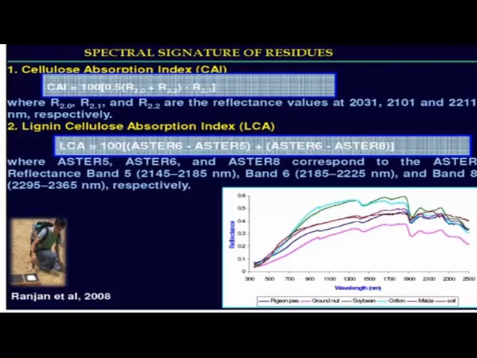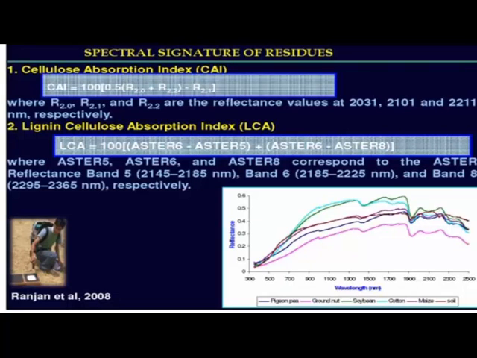Like when the plant is harvested and a residue is there, how much of that residue is sequestered in terms of carbon. That can be done, whatever sequestration model you use. In that case, one can use these indices, CAI and LCA, which are derived again from hyperspectral remote sensing data or the reflectance bands, in the model to know how much carbon is sequestered on a regional scale.